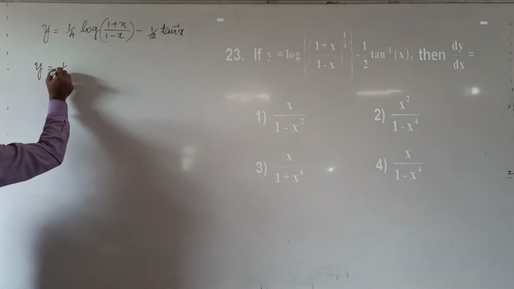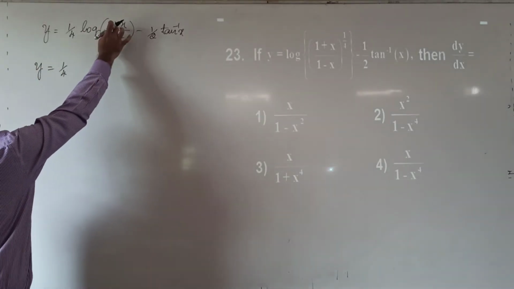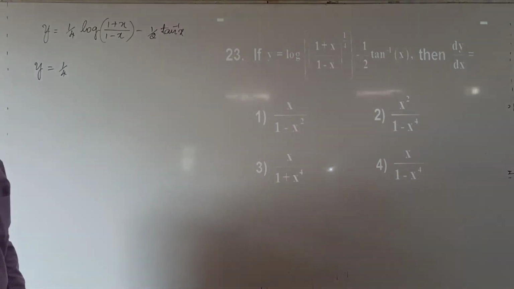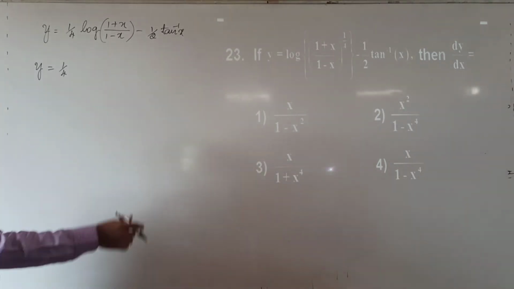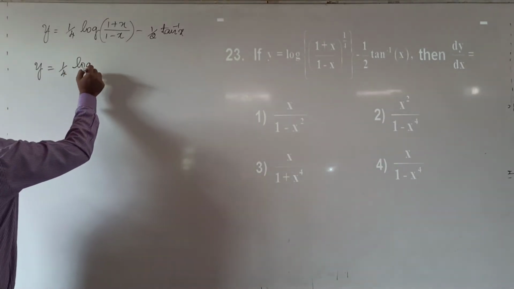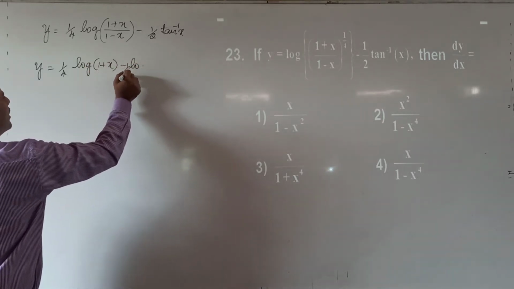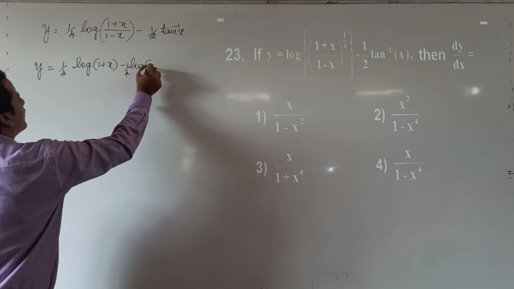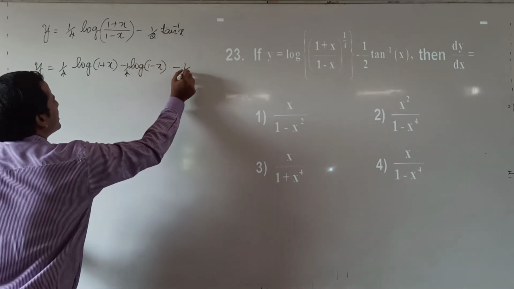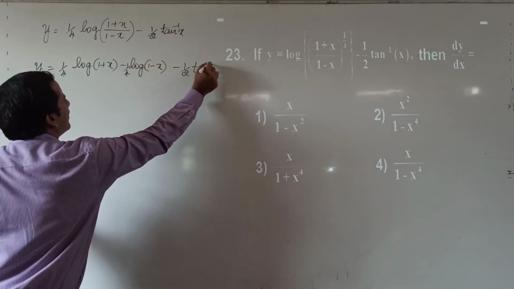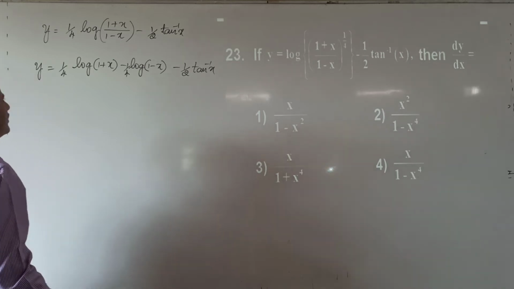y is equal to 1 by 4. This is of the form log m by n. Log m by n can be written as log m minus log n. So 1 by 4 log 1 plus x minus 1 by 4 log 1 minus x minus 1 by 2 tan inverse x. This is y.